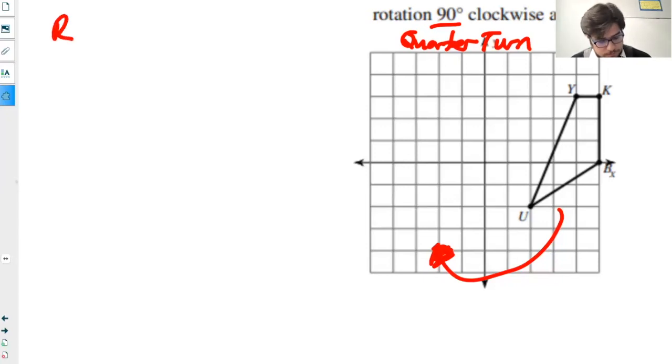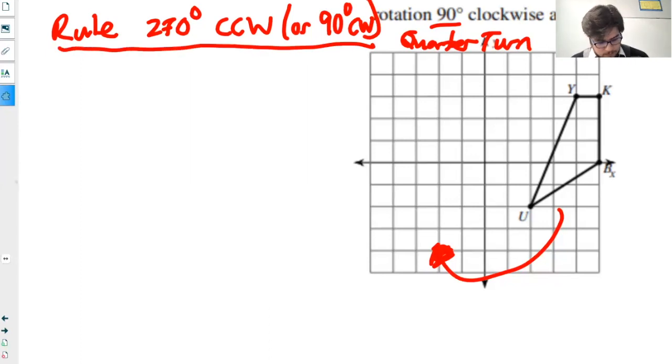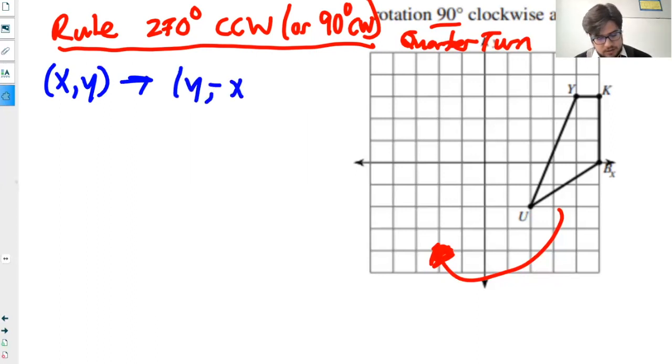So our rule for a 270-degree counterclockwise or 90-degree clockwise rotation is (x, y) transforms to (y, -x).